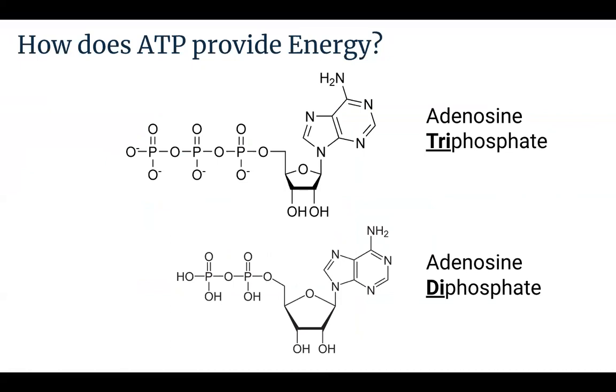Now, there's a very similar looking molecule called adenosine diphosphate, and it's crucial in how ATP functions. Because if you remember from grade 9, we learned about energy in the last physics unit. And energy can be classified into potential energy, which is energy that can be stored, or kinetic energy, which is energy involved in movement.